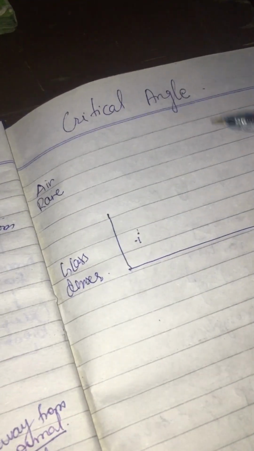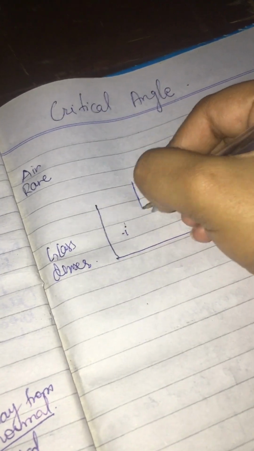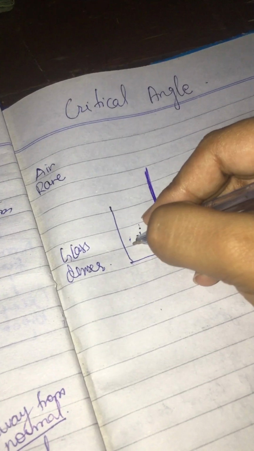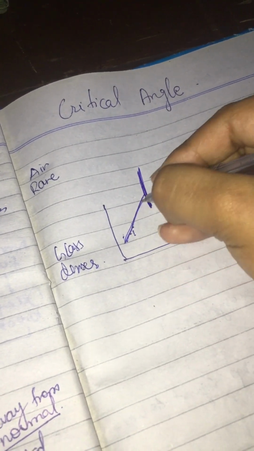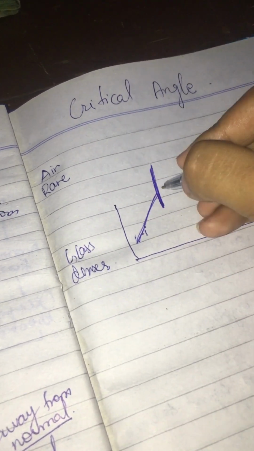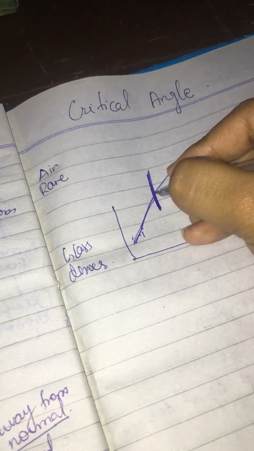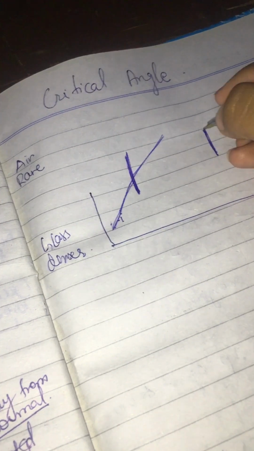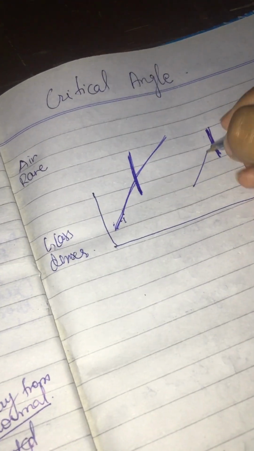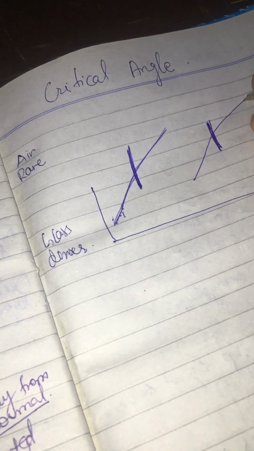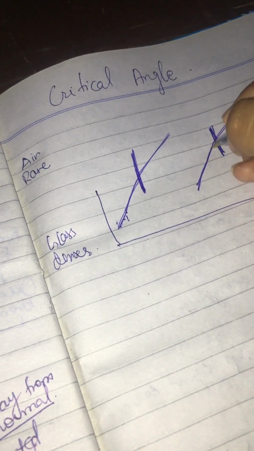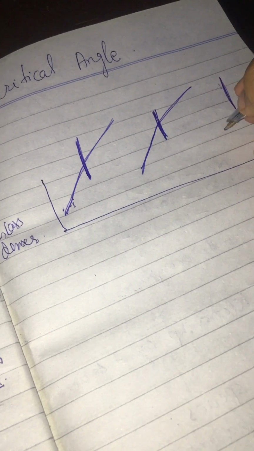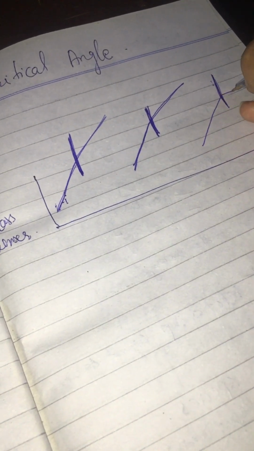We have taken three conditions, we can say. First one, this is the normal line, and the ray is moving from the denser medium to the rare medium. Okay, second one is also the same, normal line, again it is moving from this to this, and the third one is moving like this, and it's creating an angle like this.